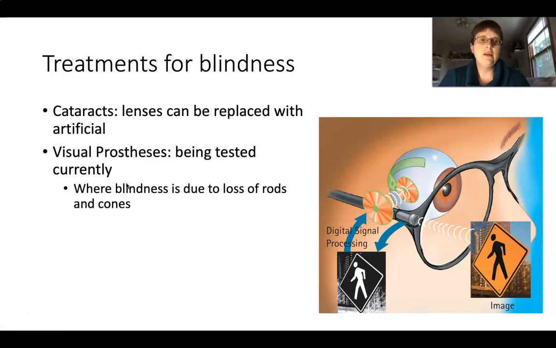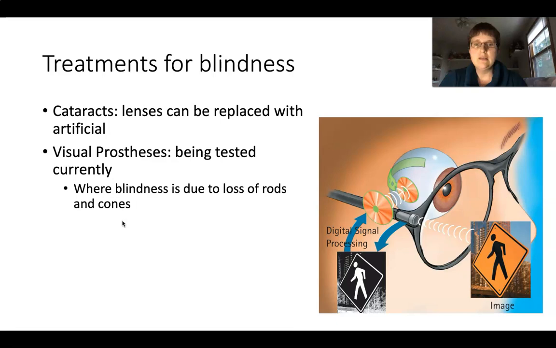There are other ways for blindness to occur, but if the rods and cones have been lost due to damage, then one of these will work because the connections are still there to do the processing by the optic nerve in the brain. Other types of blindness can be caused by damage to the optic nerve. If the optic nerve is damaged, this kind of visual prosthesis won't work.